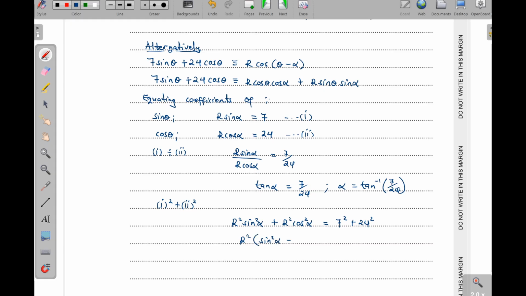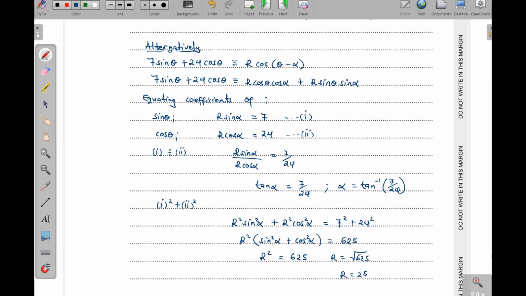We have sine squared alpha plus cos squared alpha, which is equal to 49 plus the square of 24, which gives 625. We know that sine squared alpha plus cos squared alpha is equal to 1, so r squared will be 625. So your r is going to be the square root of 625, which becomes what?